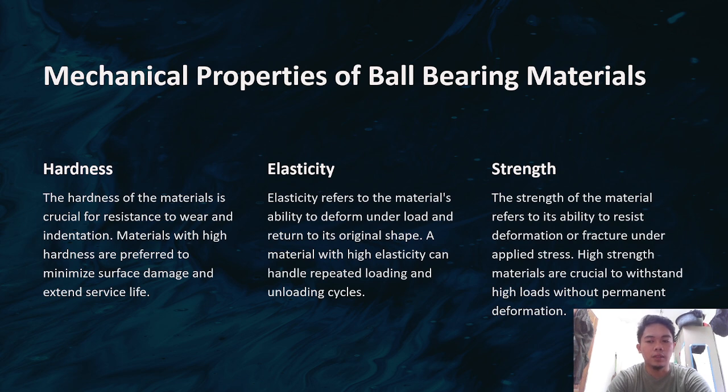Materials with high elasticity can absorb shock and flex without suffering permanent damage, which enhances the overall reliability of the bearing. When a material has good elasticity, it helps to maintain the integrity of the bearing, allowing it to function effectively over time, even in applications with varying load and operating conditions.